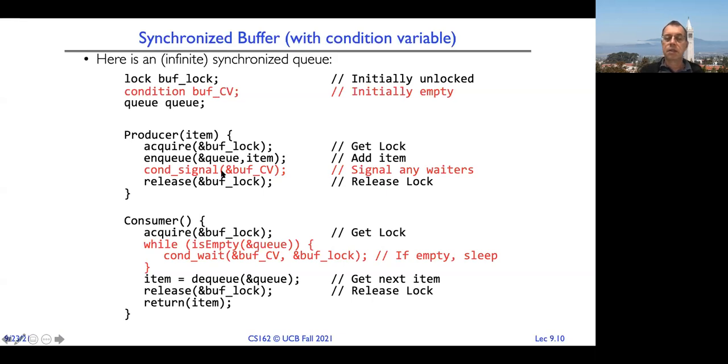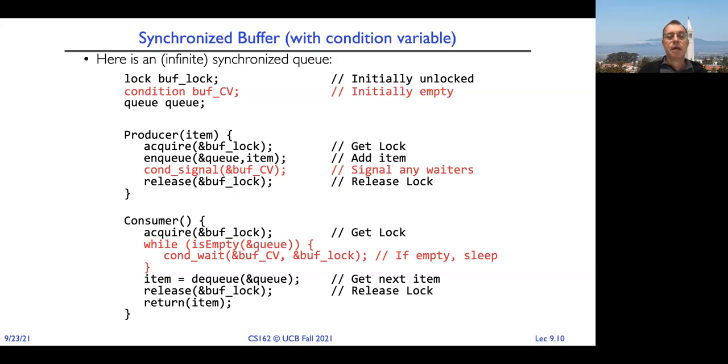This is in order to protect the critical sections which are operating on the queue. You don't want a producer and a consumer to operate on the queue at the same time, because adding a new element to the queue and removing an element from the queue are not atomic operations, and therefore bad things can happen while both of them are manipulating the pointers to insert or remove an element from the queue.